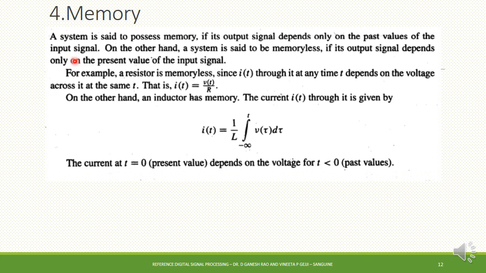For example, in the laptop or in the mobile, we are saving something, and whenever you see it, that is a past value. Just think that you took a photo 1 year before, and now you are seeing it. That is nothing but a system that possesses memory. That means it has the memory.